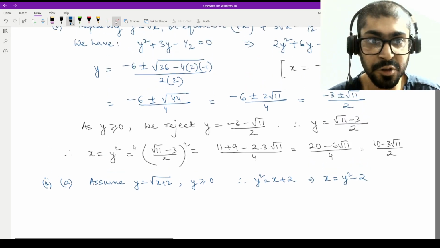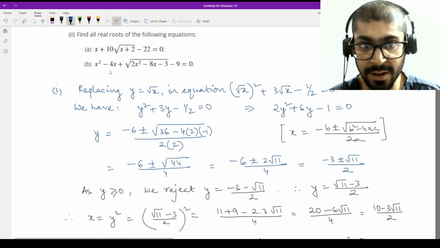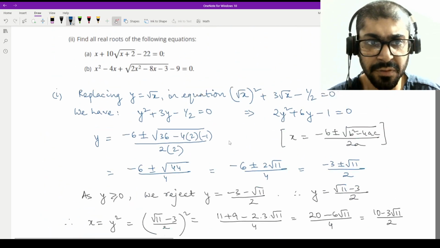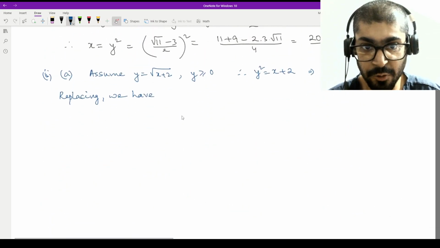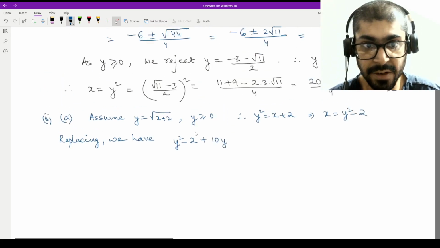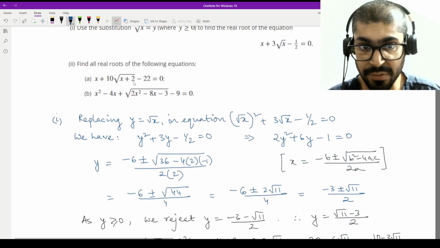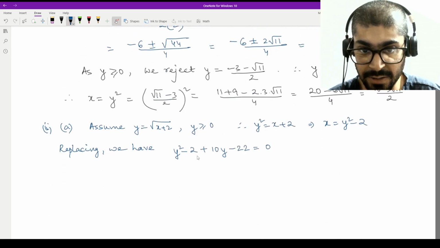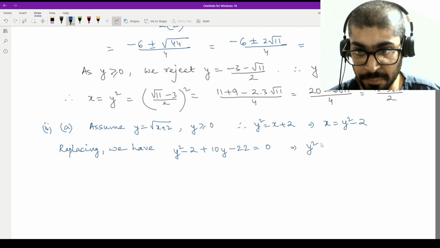Now we will have to use this replacement in this equation. So replacing, we have just put the values of x. So we have y square minus 2 plus 10y, right? Because 10 was the coefficient here, minus 22 equal to 0. Alright, so this gives us y square plus 10y minus 24 equal to 0.